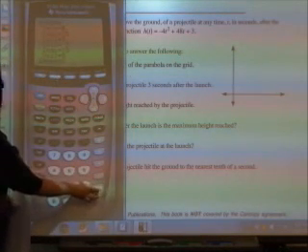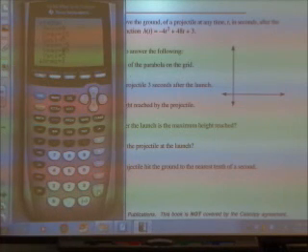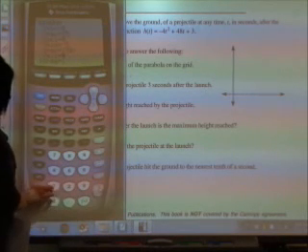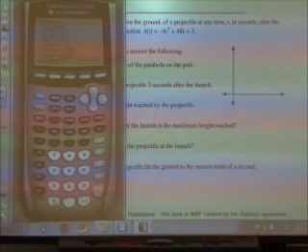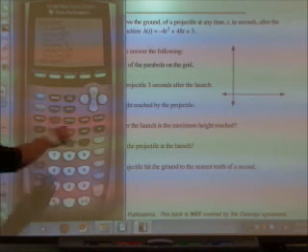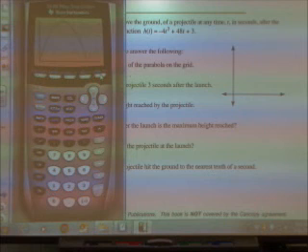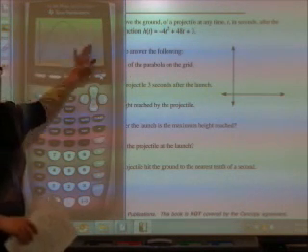So I go back to my window settings, and this time, instead of just going up by 25 or trying to guess, I could put in 150. This time, maybe change my scales to be tens. And now when I graph this, I can see the entire shape of the quadratic. It's important that I be able to see that vertex.